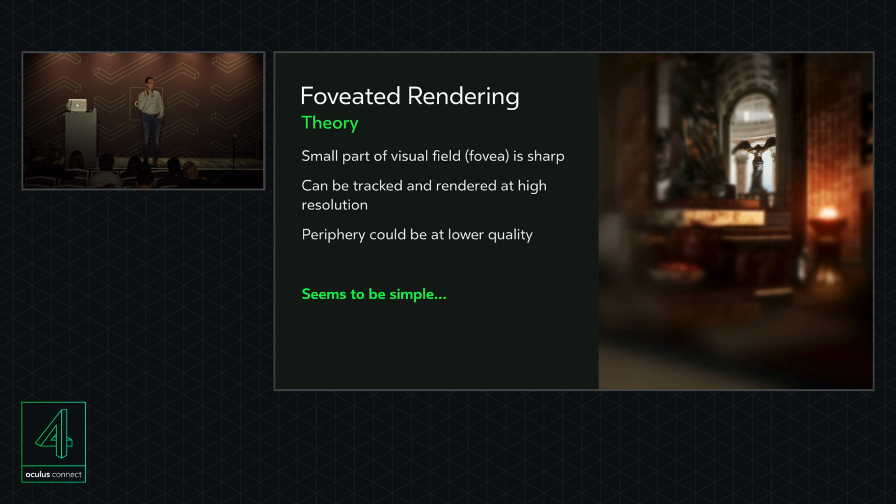Since the fovea can be tracked fairly accurately, within a couple of degrees within a frame, then all we need to render, and again, this is just a theory, is a perfectly sharp image only where we're looking. It can be done, and this is a conceptual image of what it would look like.